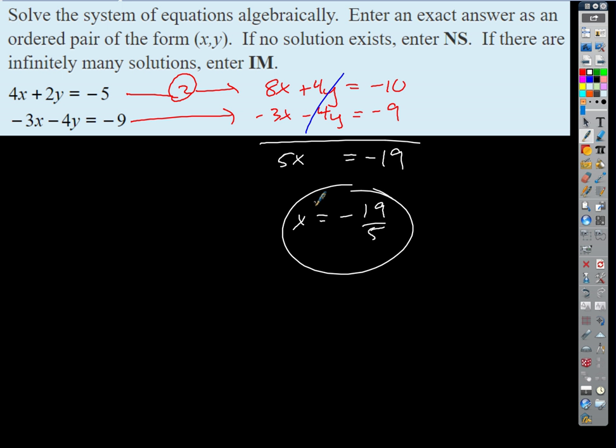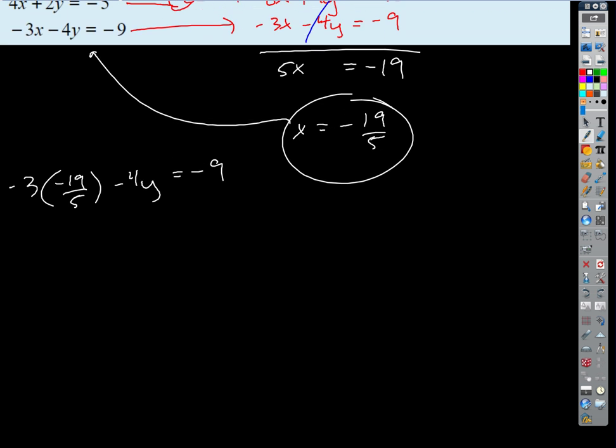So when I plug that in, let's go ahead and plug it into the bottom equation, how about? So I get negative 3 times x, which is negative 19 fifths, minus 4y equals negative 9, right, when I plug that in. When I multiply fractions, I just multiply straight across. So negative 3 times negative 19 is positive 57. 1 times 5 gives me 5 on the bottom, right?